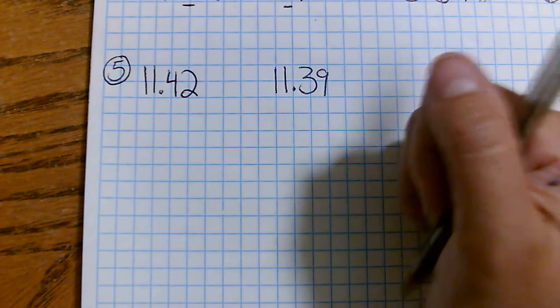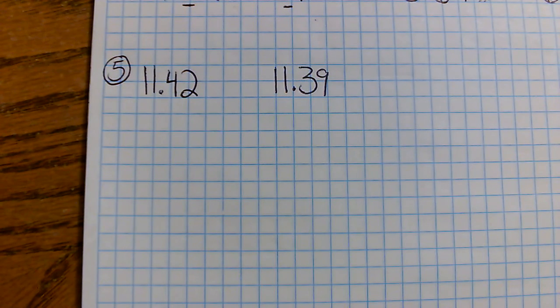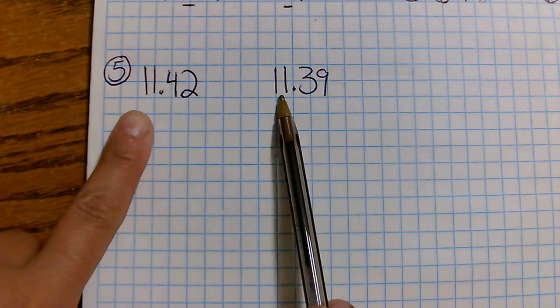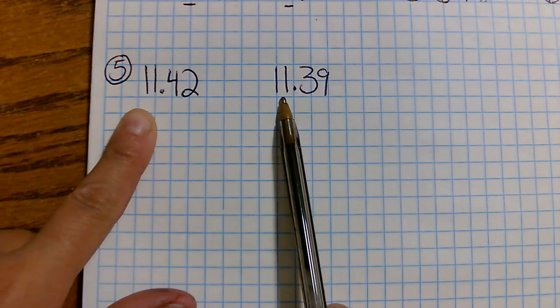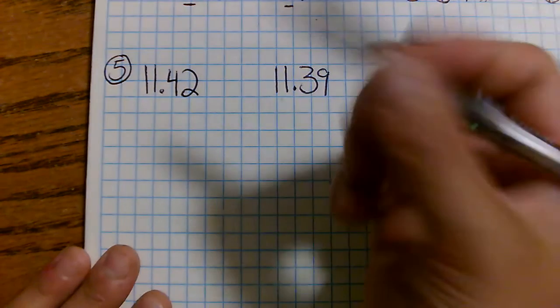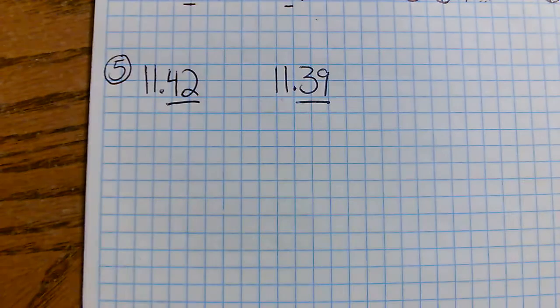All right, so let's say for a moment you were unsure. Okay, well, I can see that the numbers before the decimal point are the exact same. So really, I just need to compare these two.